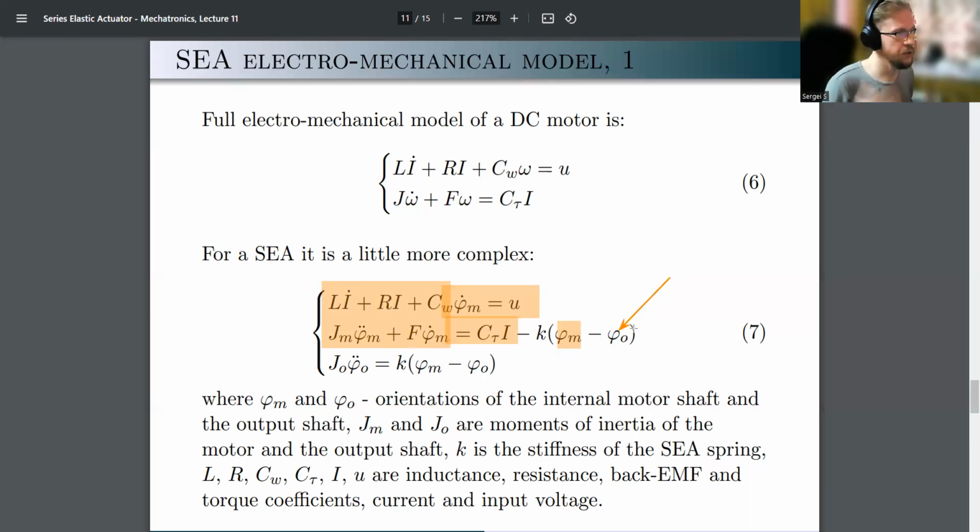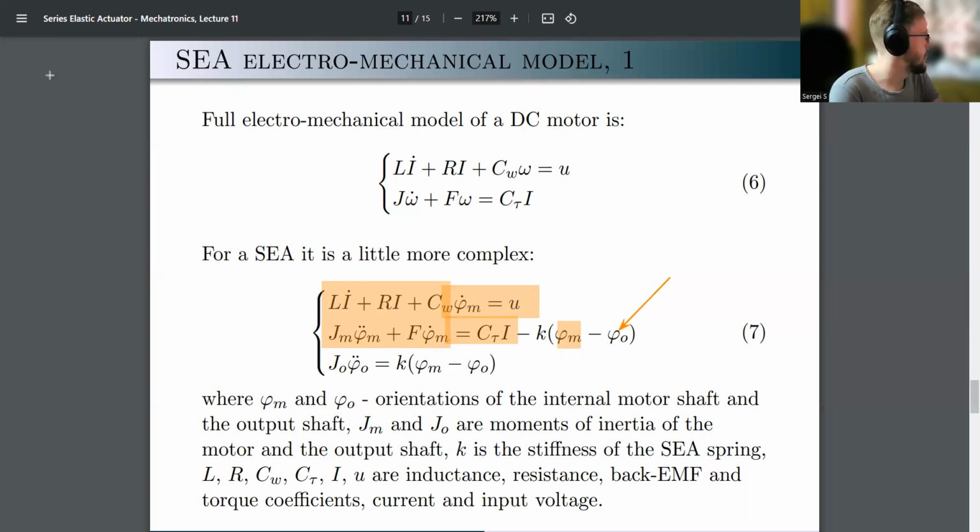And since phi o is, let's say, slow, doesn't change as fast, we can treat it as constant or a slowly changing signal, which we can work with. And then we could do control over something that is of smaller degree, right? Like a third order system, maybe a second order system. That could be nice.